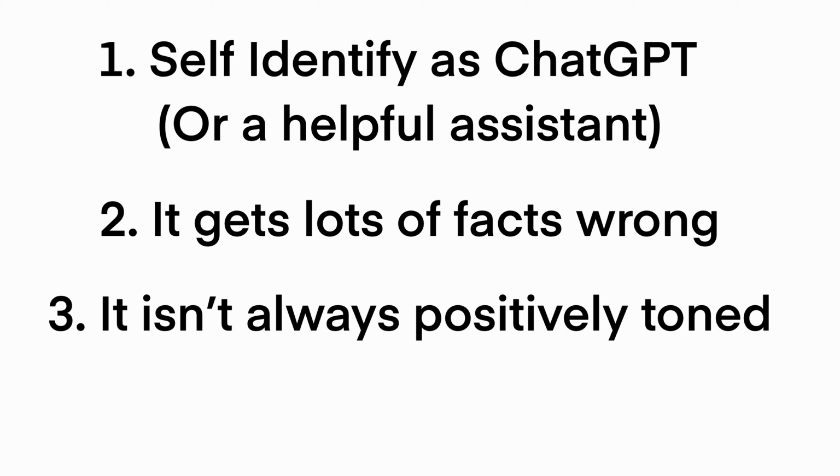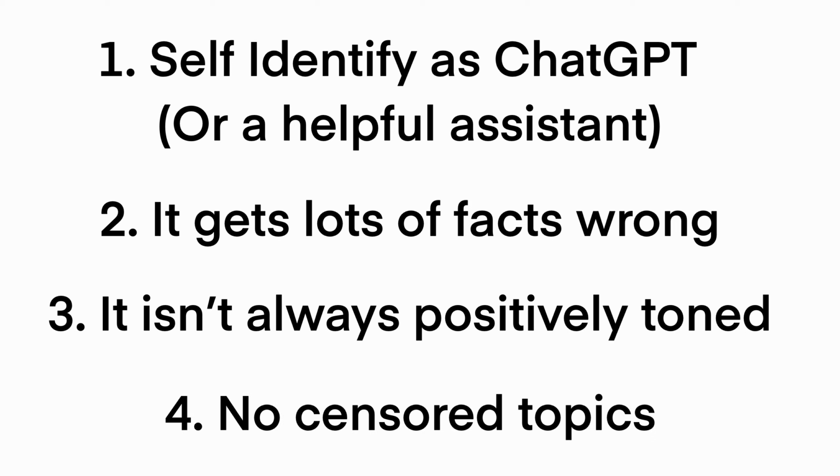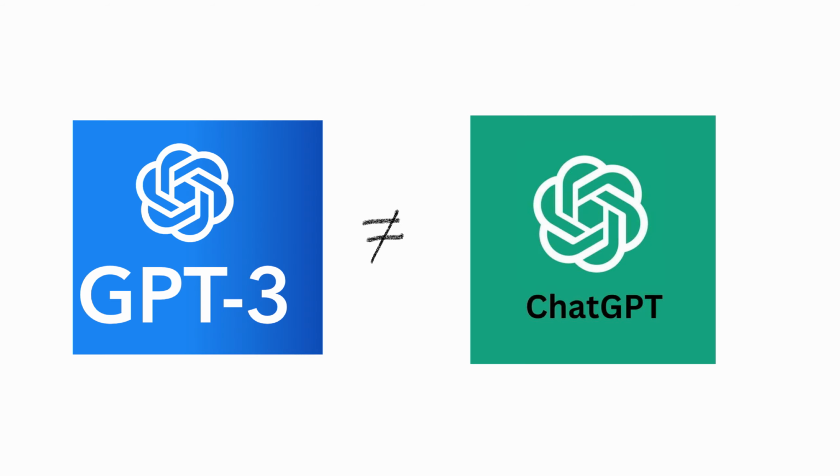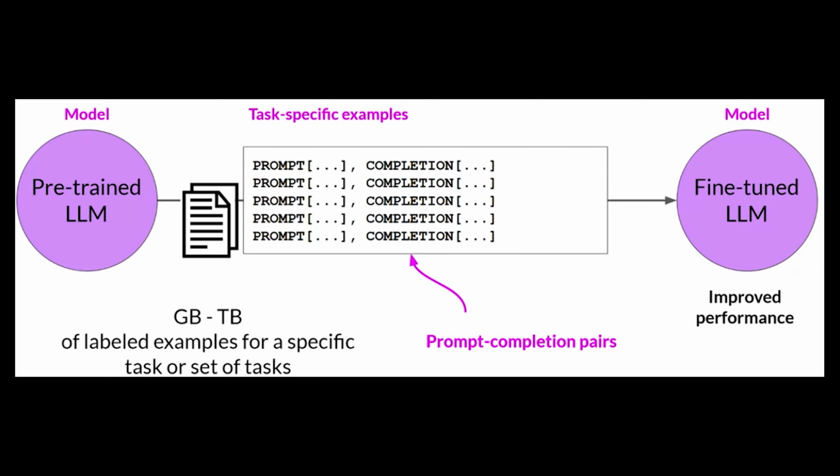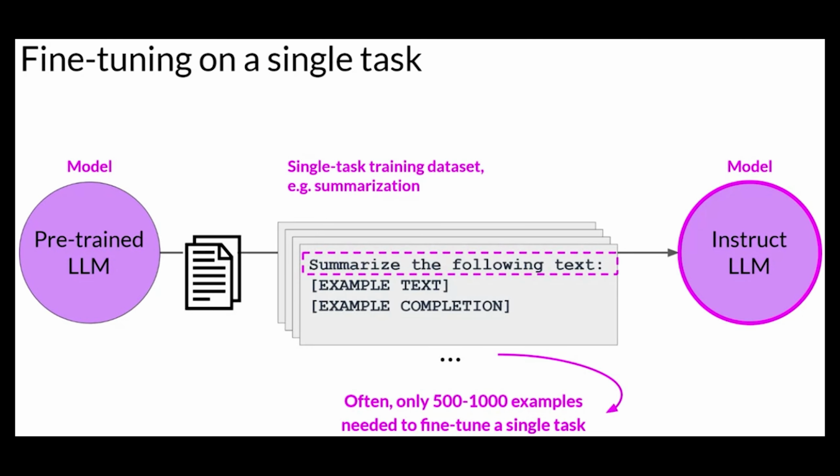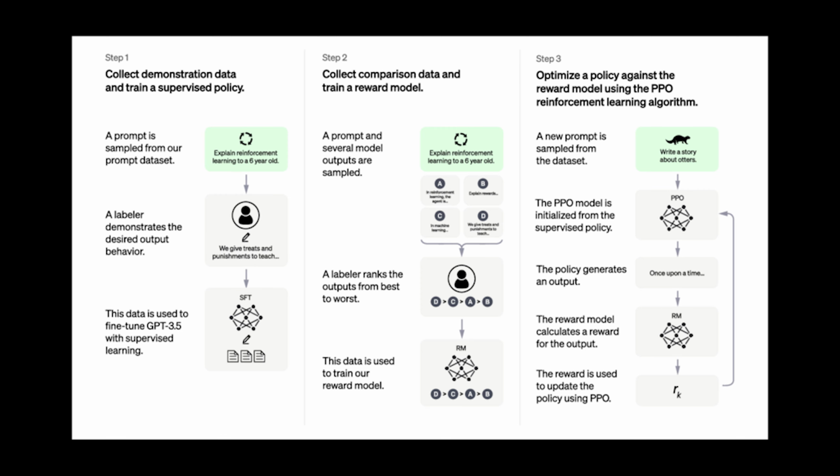It isn't always positively toned. 4. It doesn't have censored topics in itself. Basically, what I'm saying is that GPT, while now it understands language, isn't ChatGPT. ChatGPT is a fine-tuned version of GPT, optimized for conversations between a user and itself. OpenAI has an image explaining how they trained it, but honestly, I have no idea about the exact details myself.